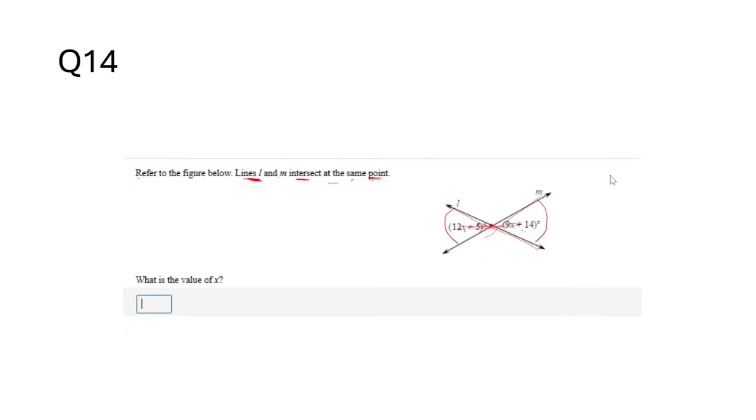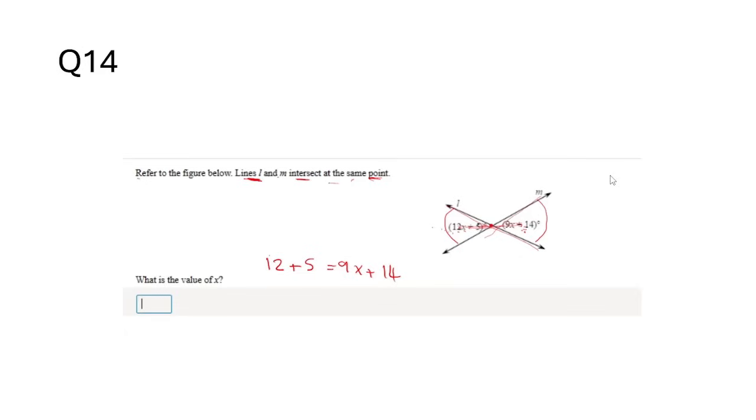Which means that this angle will be equal to this angle, the same degree, the same measure. Means that 12x plus 5 will be equal to 9x plus 14.